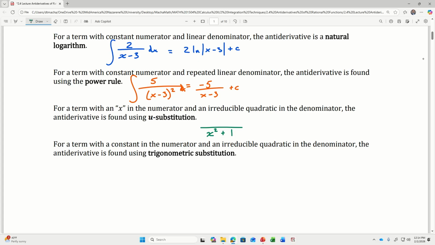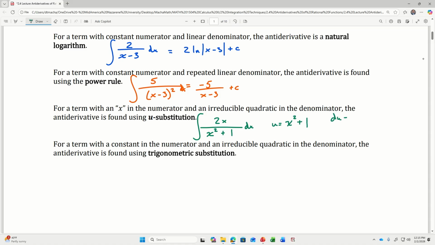If that happens, and maybe I have something in the numerator with an x, this can be found using a u substitution where I set u equal to x squared plus 1, that whole quadratic factor.